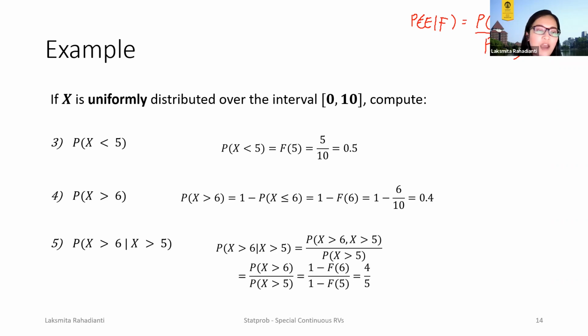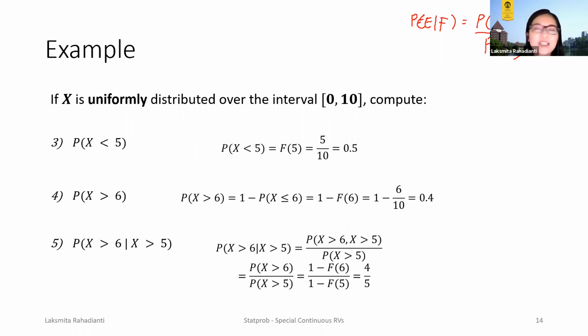And here, if we have the probability of X being larger than 6 given that X is larger than 5, we can also model it using this equation in our corner here. As you can see, here is the joint probability of them, and the bottom one is their conditioning event. As you note, look at the top, it says, what is the probability of X being over 6 and X being over 5?